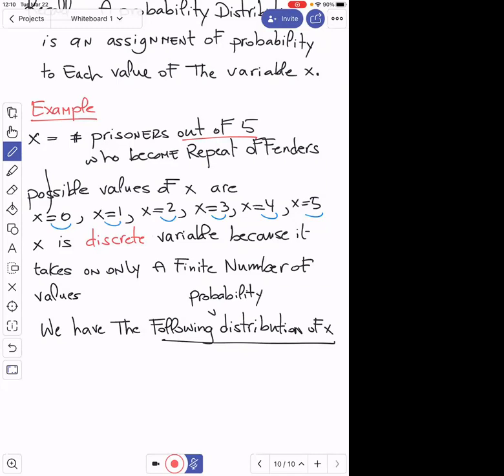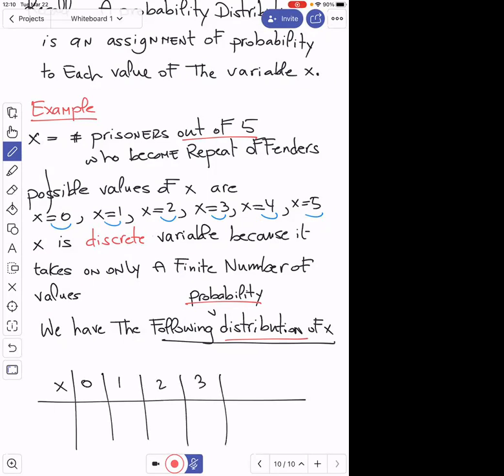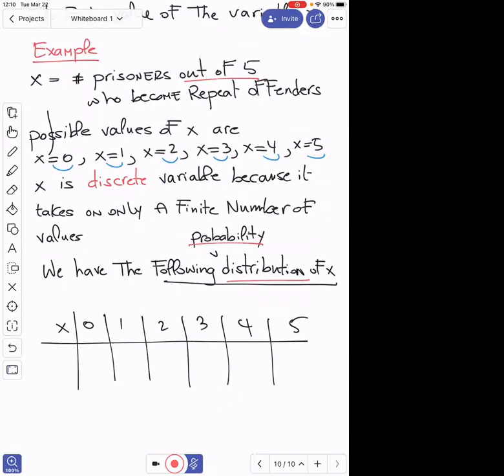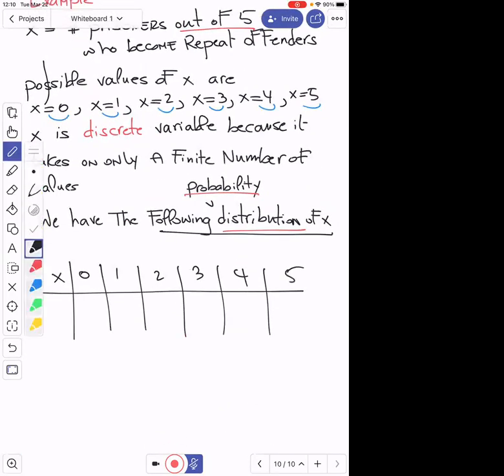When I say probability distribution, I mean a table where we have the values of x, which here can be 0, 1, 2, 3, 4, and 5. And in the second row, we have capital P of x, the probability of x.